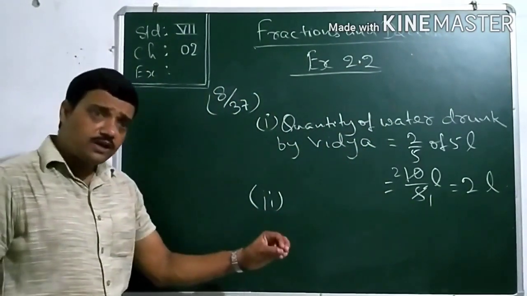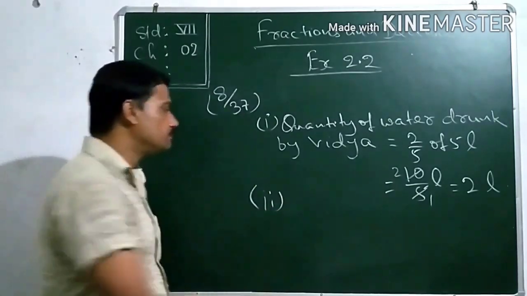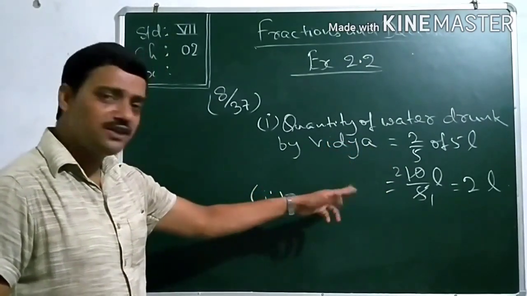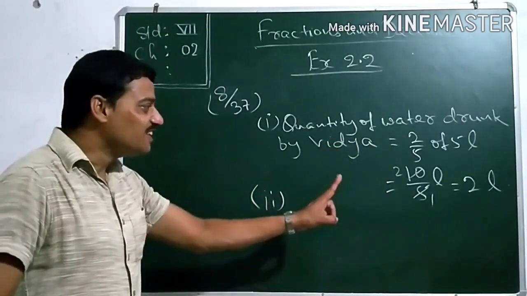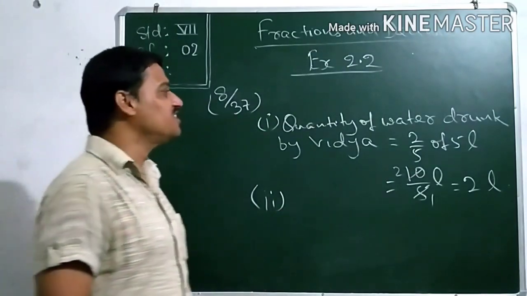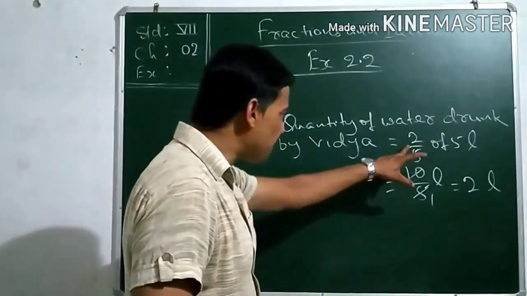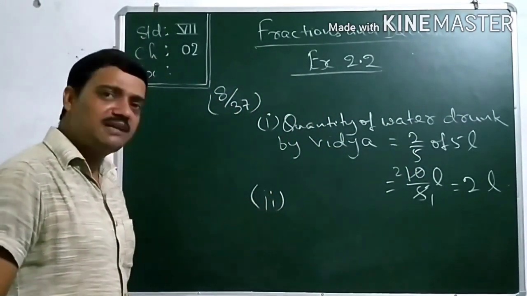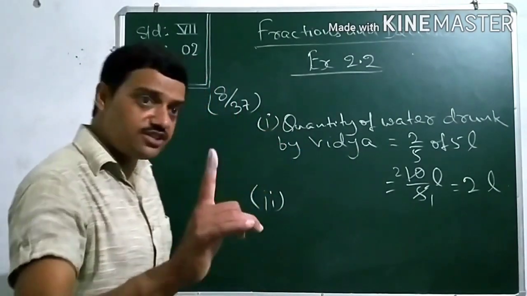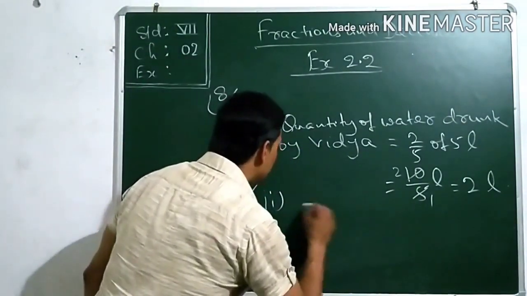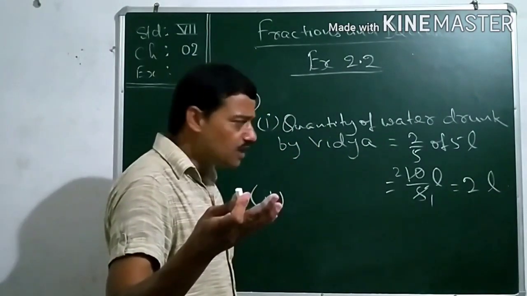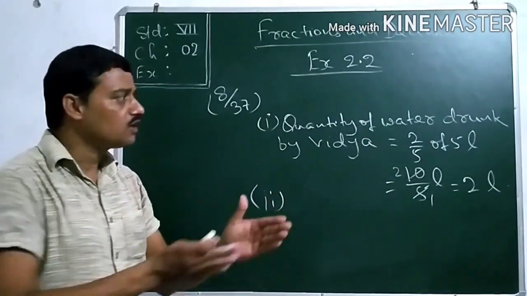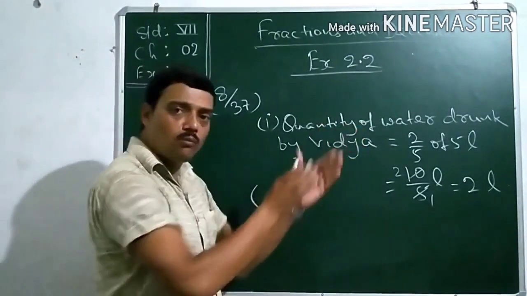The quantity of water consumed by Pratap will be 3 liters, but you are not given that. In quantity you are not asked, you are asked in terms of fractions. So as 2 by 5 of 5 was consumed by Vidya, the whole is considered as 1, so the remaining part we will get after subtracting the quantity consumed by Vidya from 1.